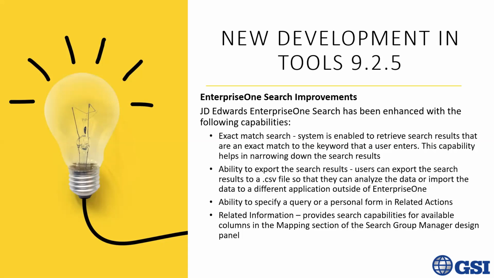Utilizing related information, I can generate it using a query I created or some type of personal form. Along with that, when I look at this related information, I can even search beyond that within the table I'm looking at. So a lot of things you can do.